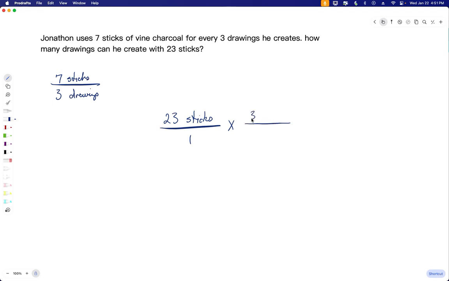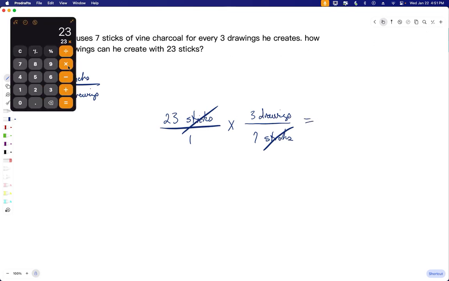So that means we've got 3 drawings. It's just like unit conversion. And 7 sticks. Sticks cancels. So we have 23 times 3. That's 69 over 7. And our unit is drawings.